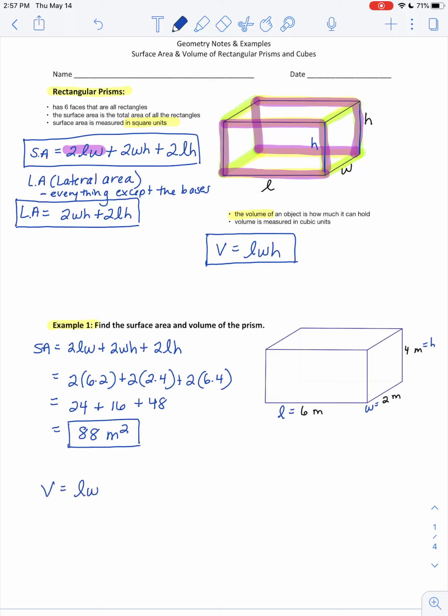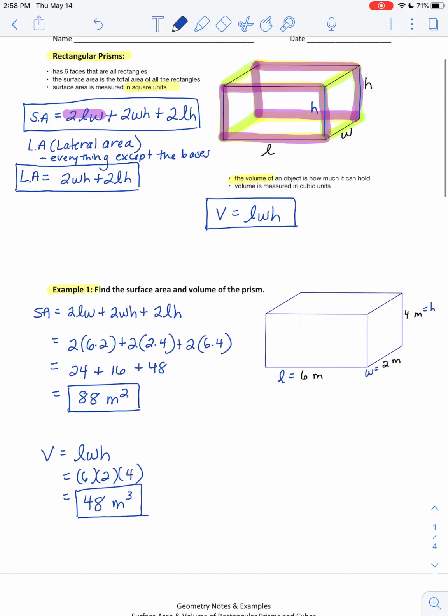And for our volume, length times width times height, even easier, 6 times 2 times 4, and that's going to give us 48. And we know that volume is measured in cubic units, so we're going to have cubic meters here, or meters cubed. And we are done.